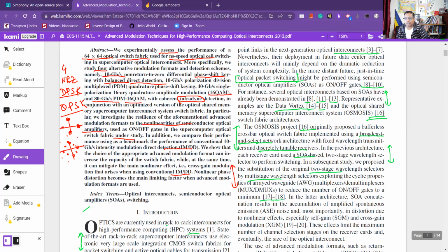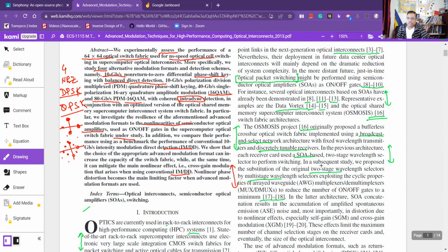So these works have been reported in articles number 17 and 18. What is the upgradation or development in this work? The development is that instead of using a two-stage wavelength selector, they have gone for multi-stage. And what is the reason? What is the secret behind this development? That is the cyclic properties of the arrayed waveguide multiplexer, demultiplexer.